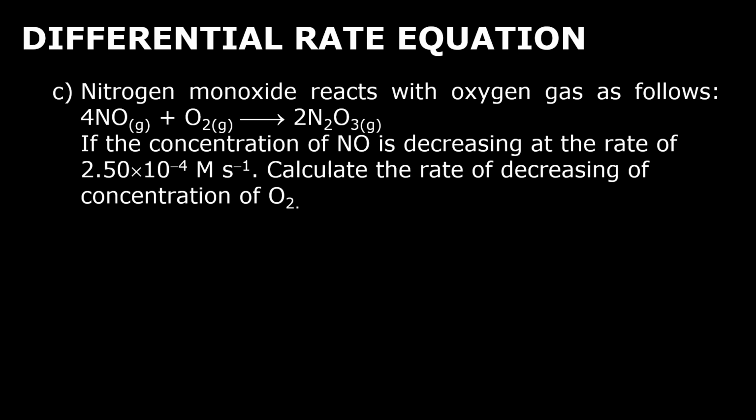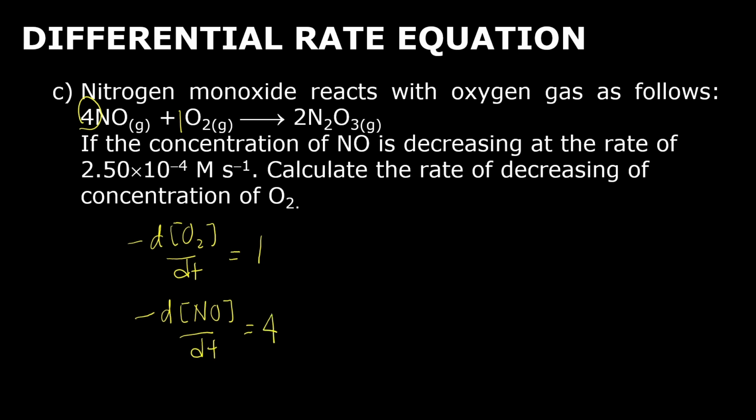For example, in this question, we are looking for the rate of decreasing of the concentration of oxygen. And in the balanced chemical equation, it is equal to 1 mole, so 1. And we have been given the rate of decreasing in the concentration of nitrogen monoxide. And in the balanced chemical equation, it is equal to 4.